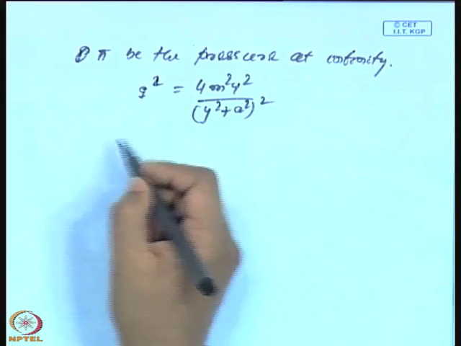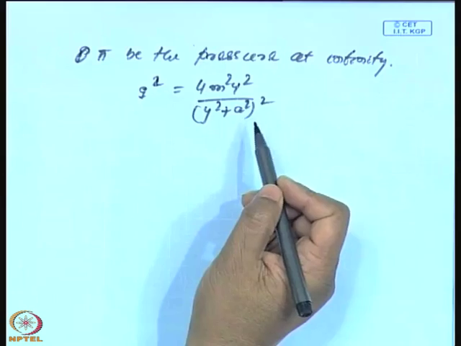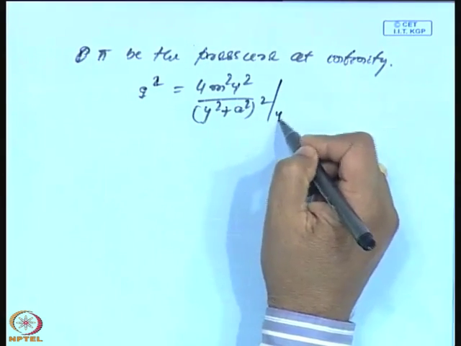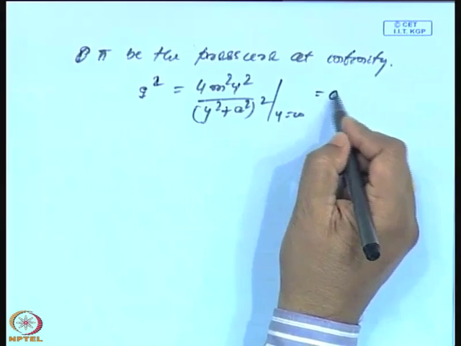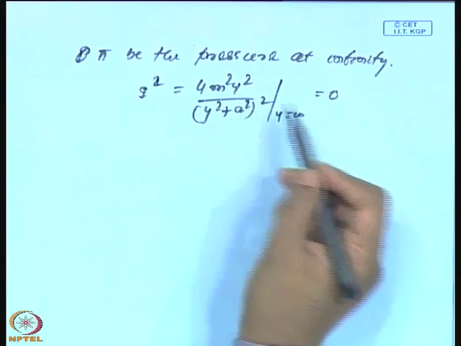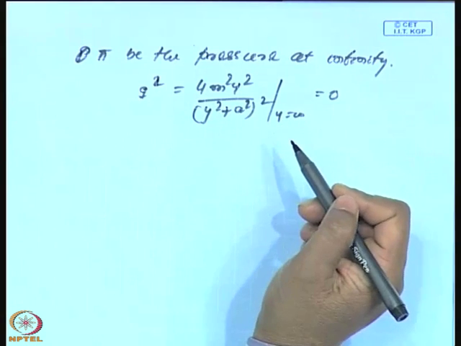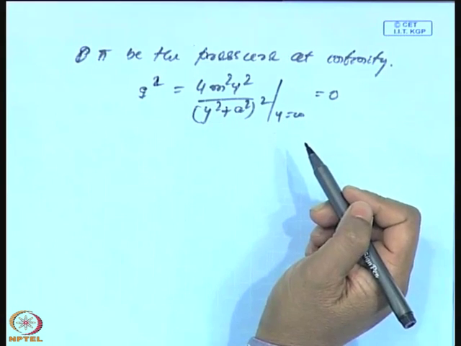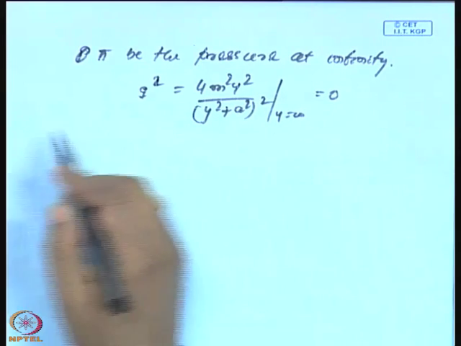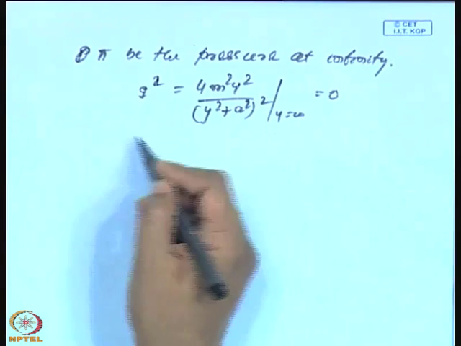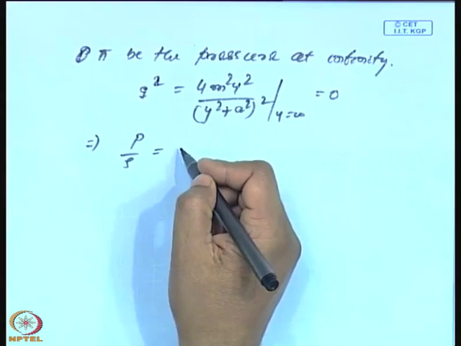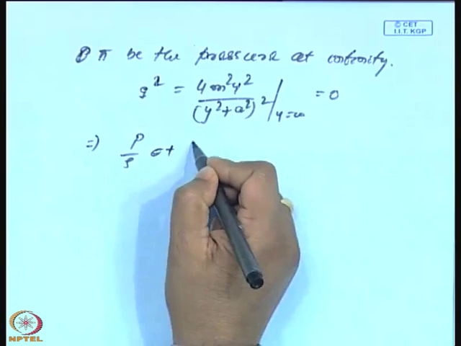So at any point on the wall, q square is this, and at y equal to infinity this will be 0. Then I will have p by rho equal to p by rho plus q square by 2.